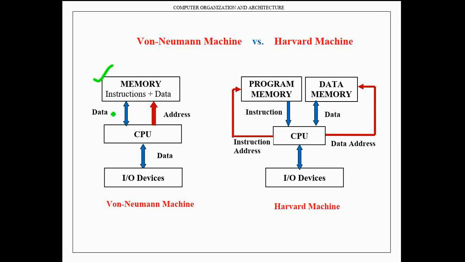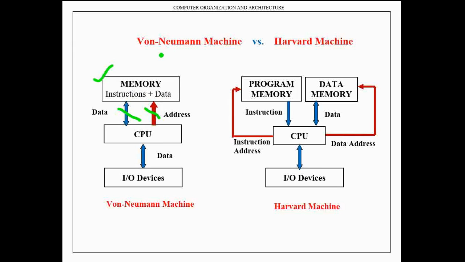This line indicates the data bus, which is used for transmitting both instructions as well as data. And this line indicates the address bus, which is used for specifying the address for memory. These instructions and data are retrieved from memory from the address indicated by the address bus.